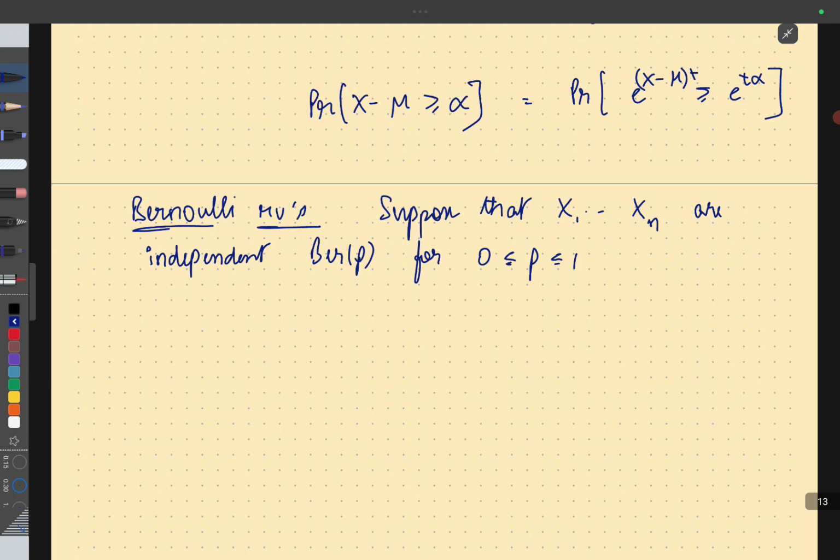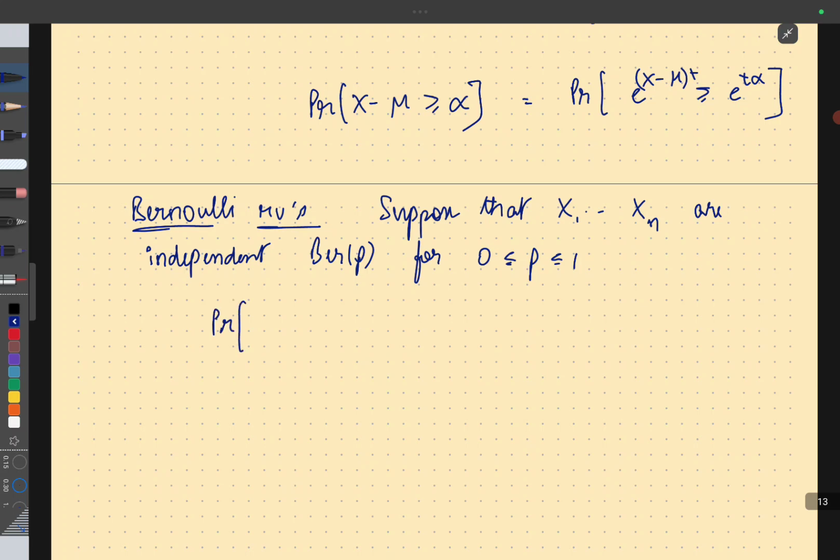All right. So we know that as n becomes large, what would you expect 1 by n summation xi to look like? Which is p. So it would be close to p. So the Chernoff bound allows us to bound the probability with which it deviates from p.